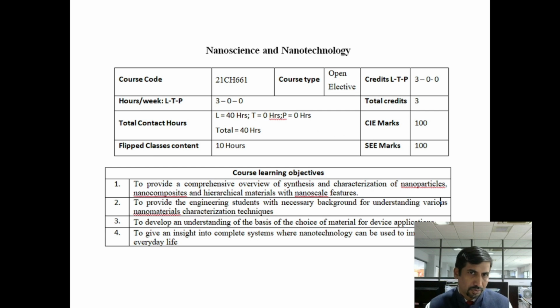So the course code is 21CH661. It's an open elective with 300 credits pattern, though it's 300, we have some practical components.